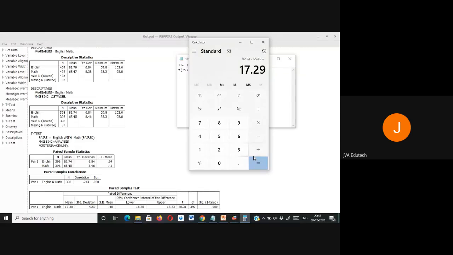And third thing, that generally on an average, English scores were 17.29 or 17.3 points higher than the math scores at 95% confidence interval. Clear?